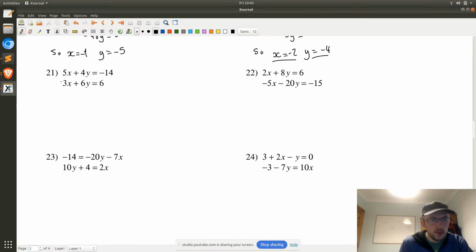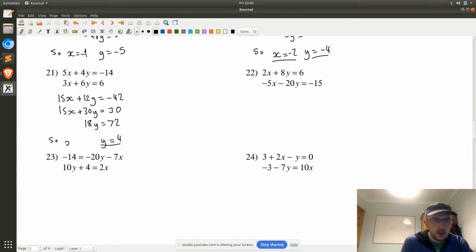See? Move. Top by 3. By 5. Take. Bottom top. Better. So y is 4. x is, come on, 6. Minus 6.